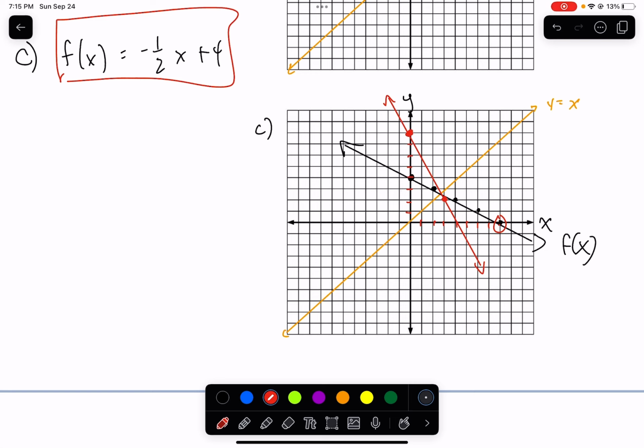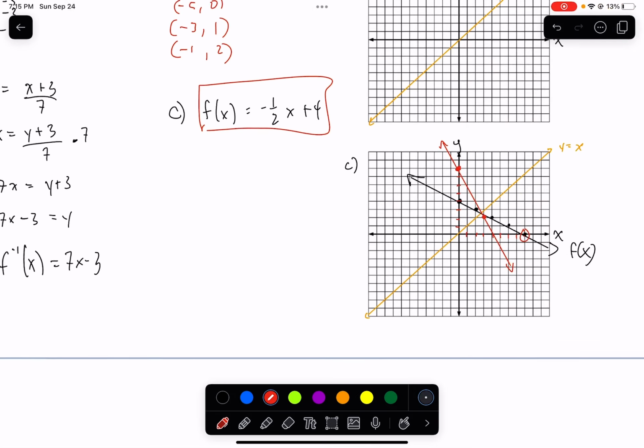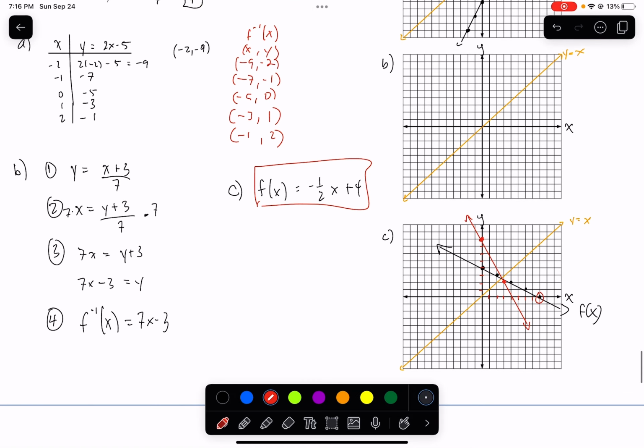So that takes all 3 approaches that we've studied into consideration. Actually physically reflecting the points over y equals x when we've produced the graph, reversing the x and y values of a table of values, and the actual algebraic representation of finding the inverse as well.